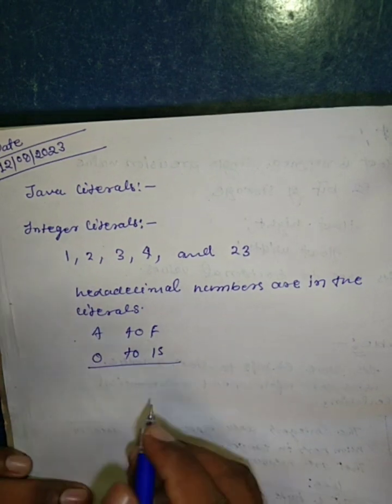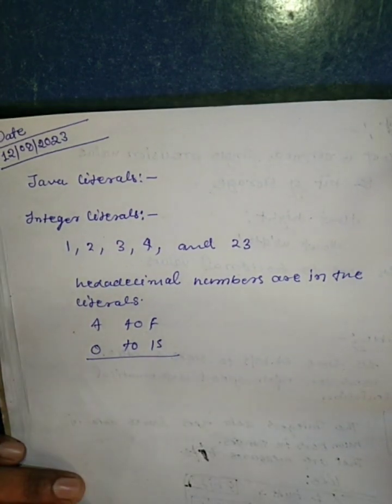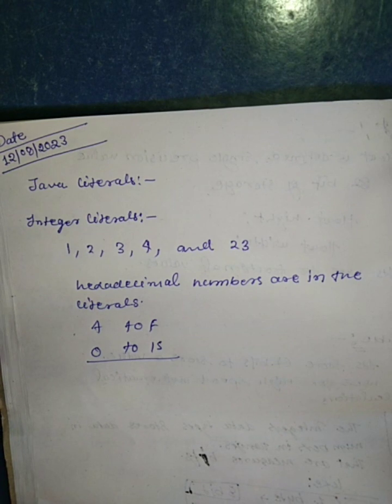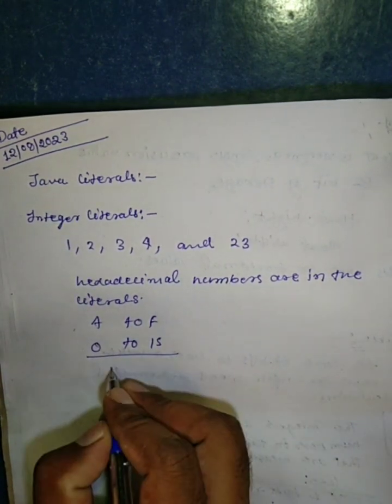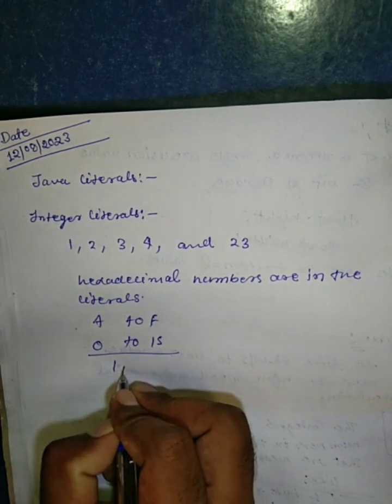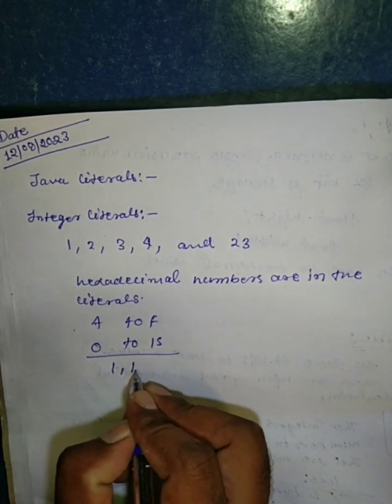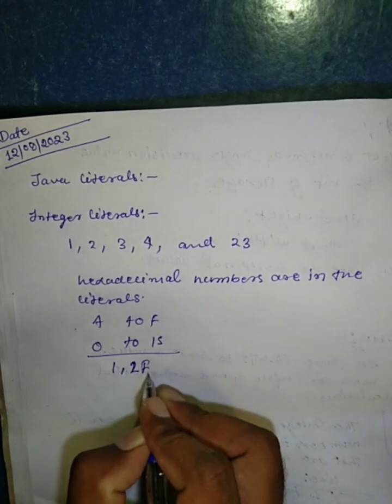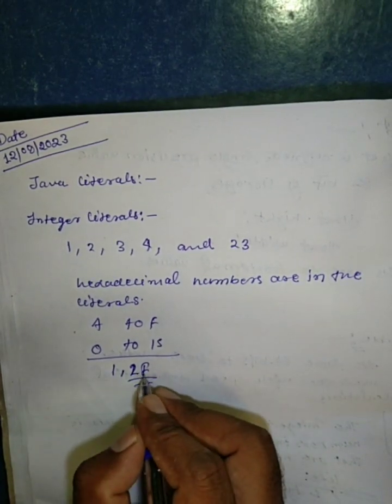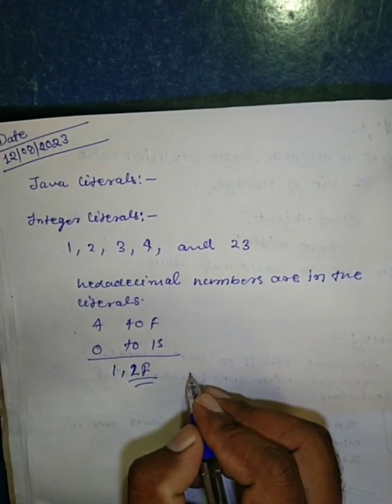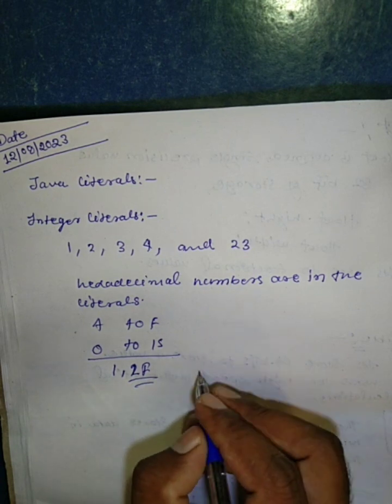All these 0 to 15 numbers are the literals in integer data types. It can be like this: 1, 2f. 2f is also an integer literal in integer data types.